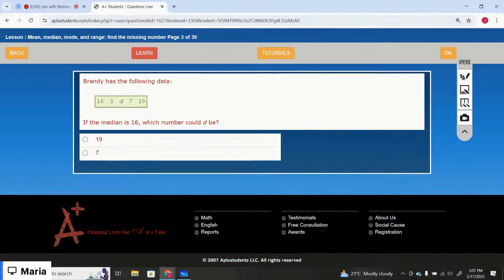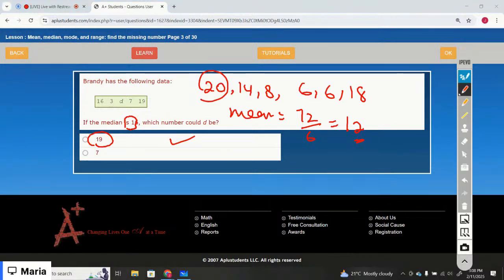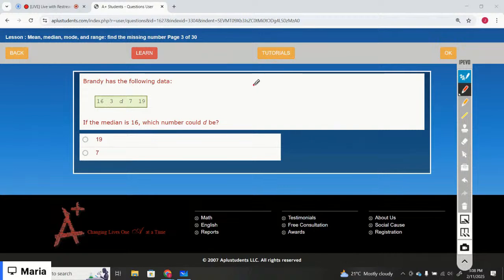Brandy has the following data. If the median is 16, what number could D be? So median is the middle number in the data, right? Let's just see if 16 is the middle number. The numbers before median are smaller than 16, 3 and 7 are smaller.